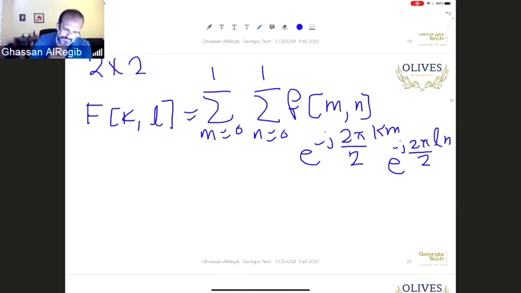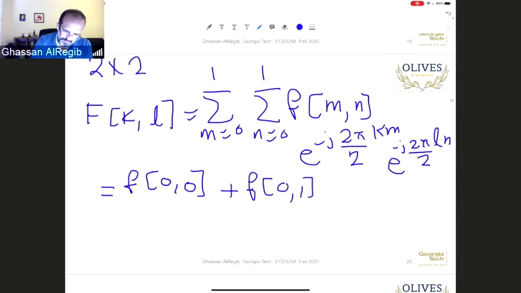And so this can be simplified. When m and n are both zeros, these exponents will be e to the 0, that's a 1. So we'll have f of 0 and 0. And then when m is 0 and n is equal to 1, we'll have f of 0 and 1.